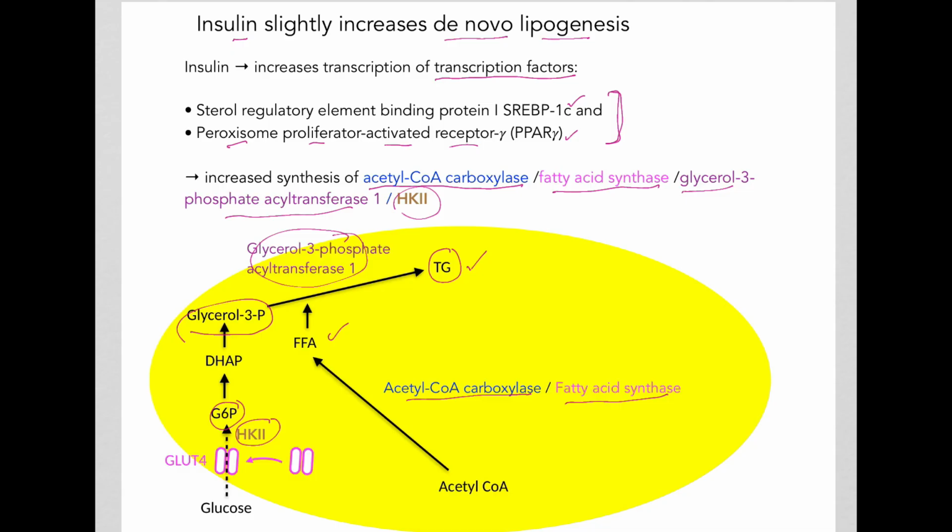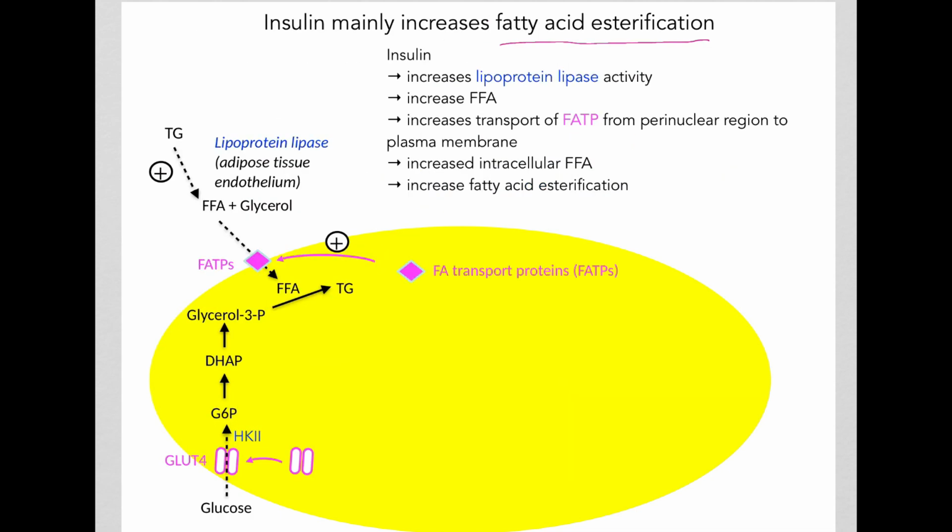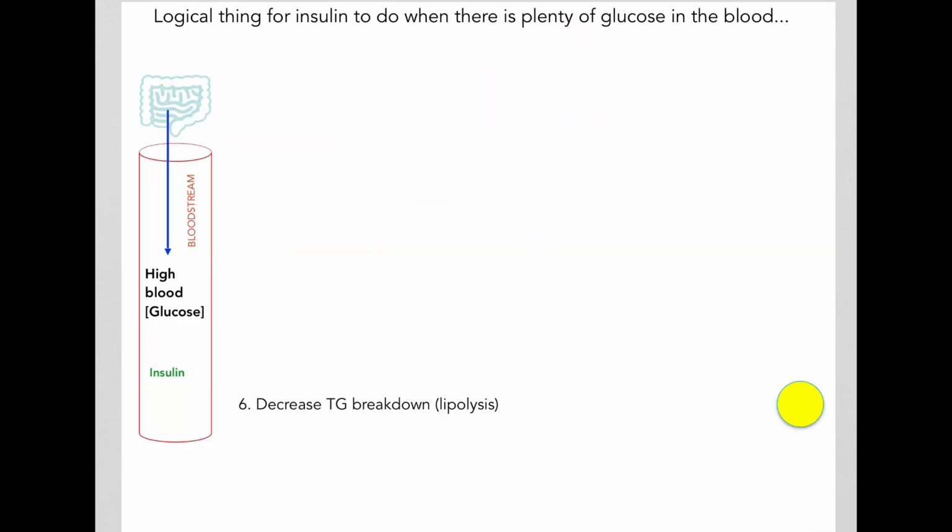So this is another way by which insulin can increase triglyceride synthesis in the adipocyte. Although this is a minor way of doing it, the major way seems to be fatty acid esterification.